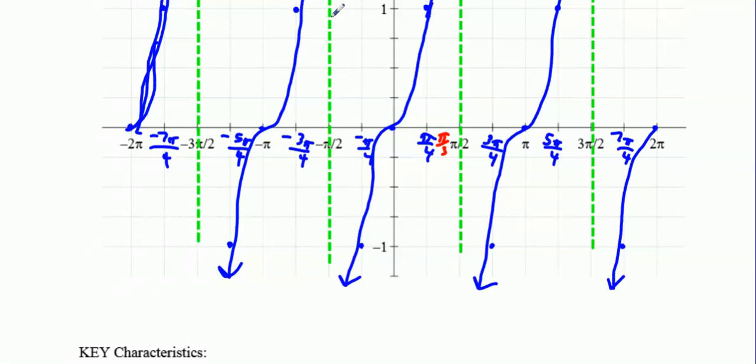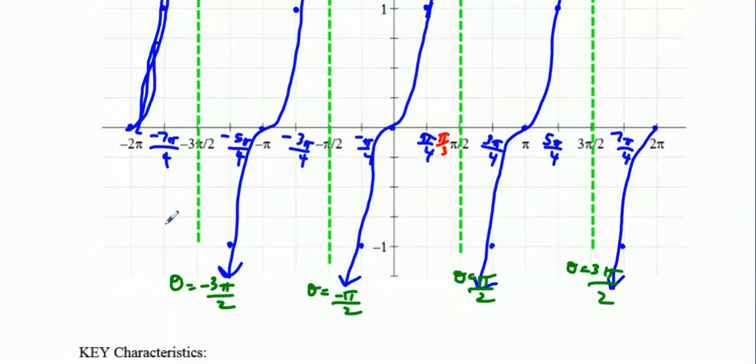I'm just going to use a little pen here. I have to label these asymptotes. So theta equals negative 3 pi by 2, theta equals negative pi by 2, theta equals pi by 2, theta equals 3 pi by 2.